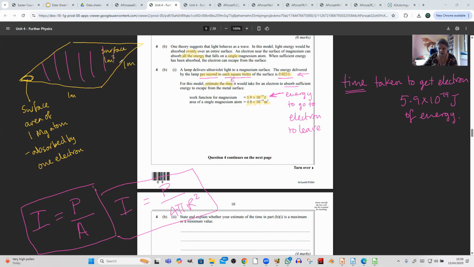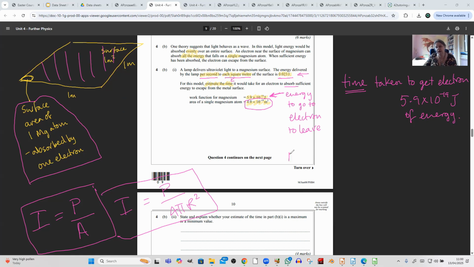Right, now, the energy arriving on that area, which is the energy that can be absorbed by one electron, is going to be that fraction of the total area. Can you see the thinking you've got to go through here? This is hard.